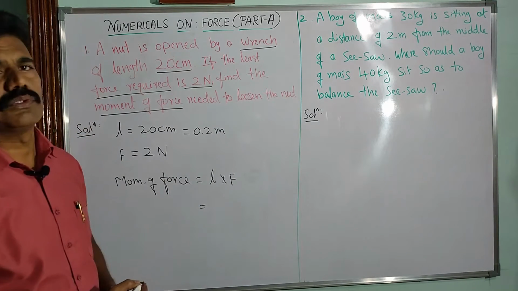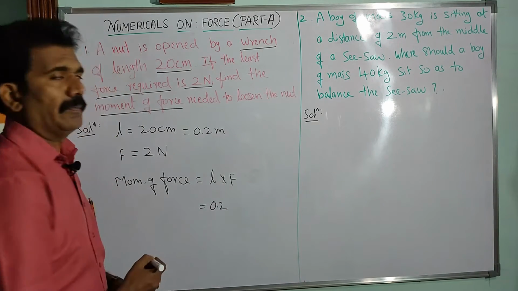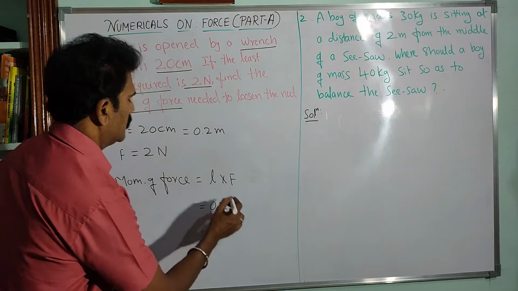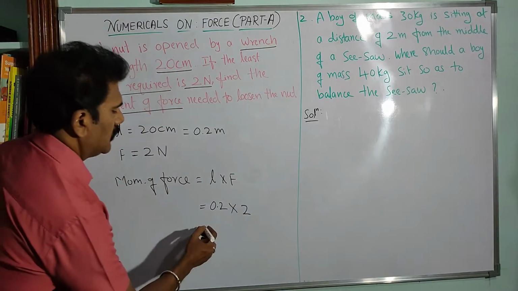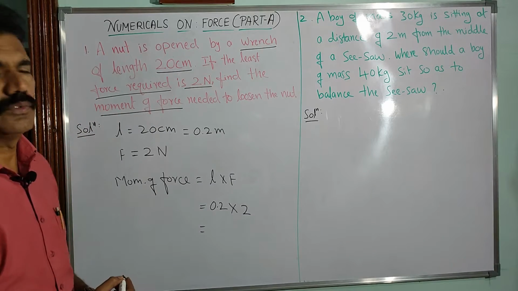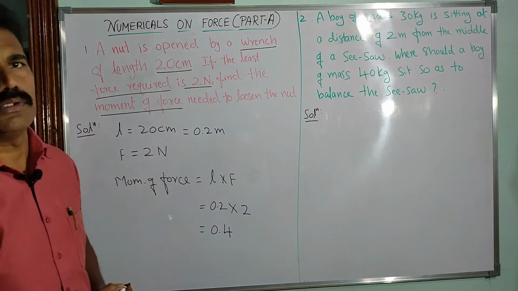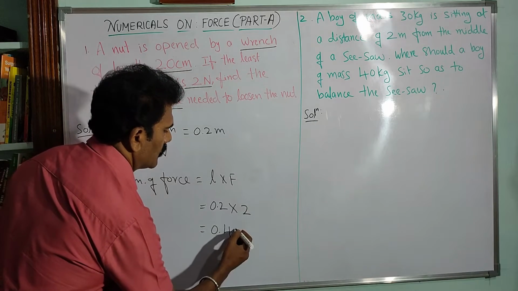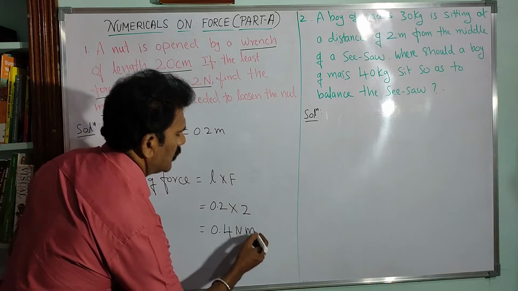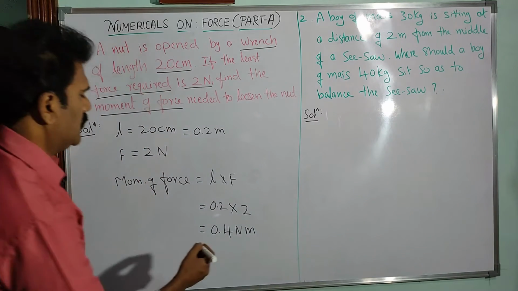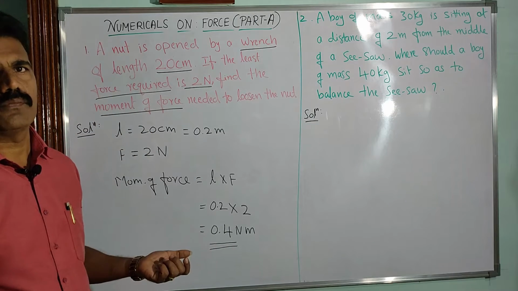Just substitute the given values. 0.2 meter into the applied force, 2 Newton. If you multiply 0.2 into 2, you will get 0.4. What is the unit? Unit of force is Newton, and unit of length is meter. So Newton meter. So the moment of the force is 0.4 Newton meter.